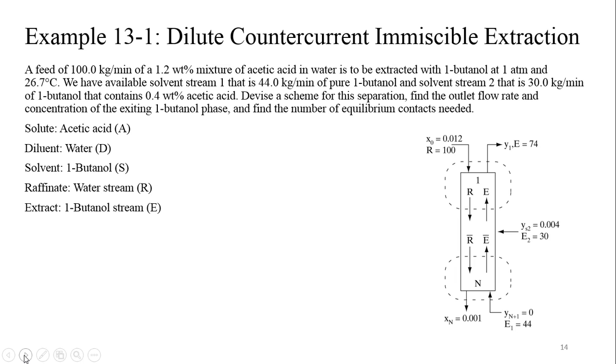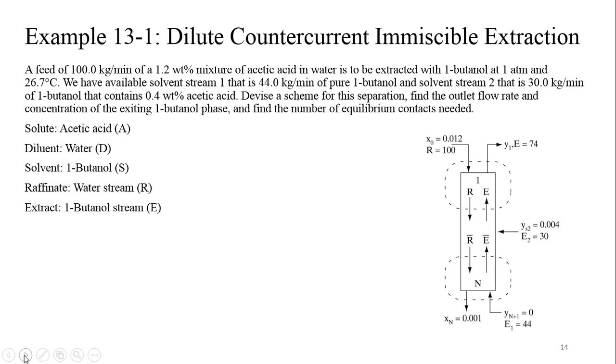One scheme would be to say, okay, I'm just going to use the pure solvent that I have. That stream is only 44 kilograms per minute. So that would be an option. We could run this scenario and see what kind of separation we could achieve.